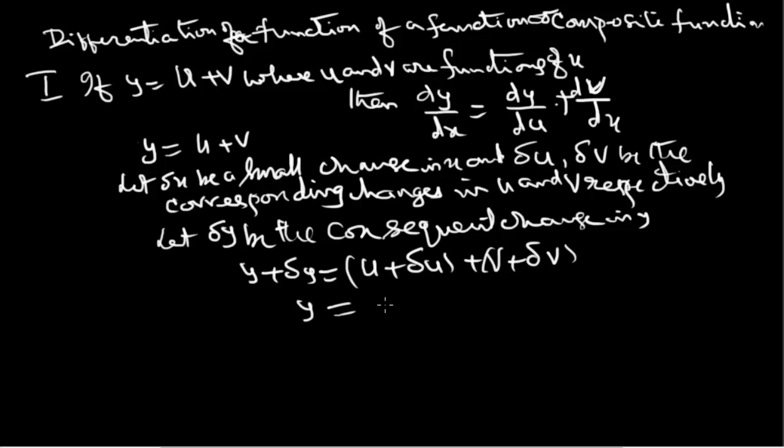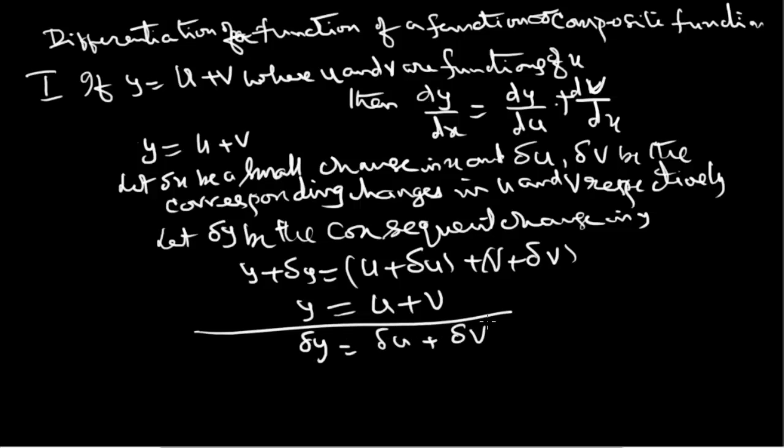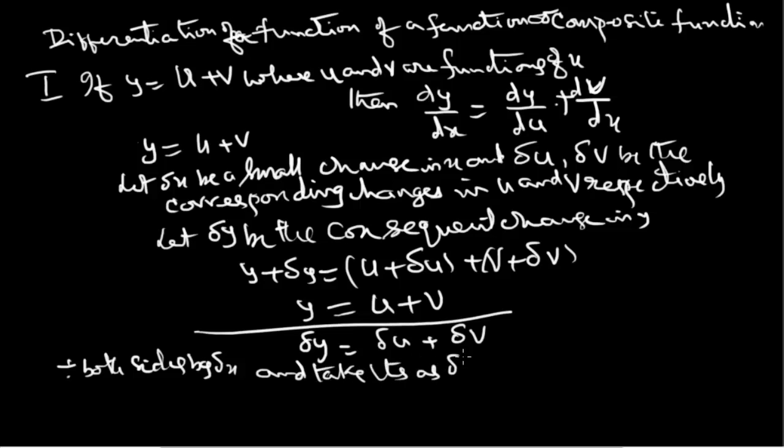Below that, same method, y is equal to u plus v, subtract: y cancels, u cancels and v cancels, delta y is equal to delta u plus delta v. Divide both sides by delta x and take limits as delta x tending to 0.